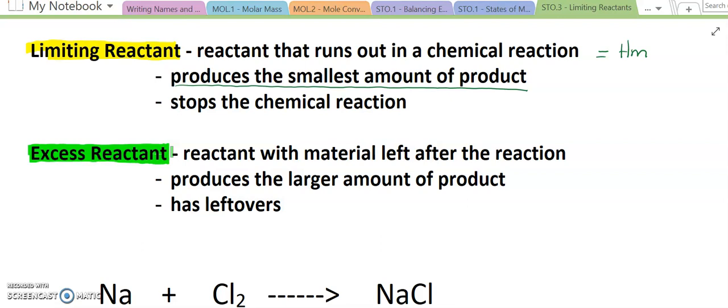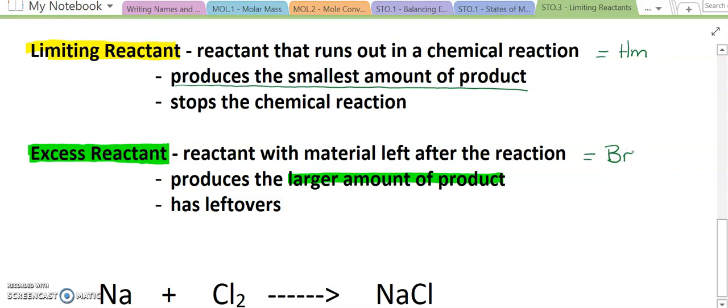So the reactant that is going to produce the larger amount of product is what we refer to as the excess reactant. Again, there are leftovers. And in our example, that is going to be our bread. We have plenty of bread left.